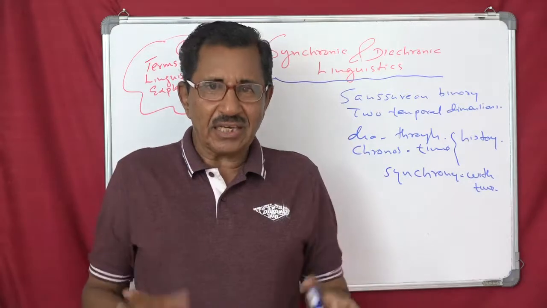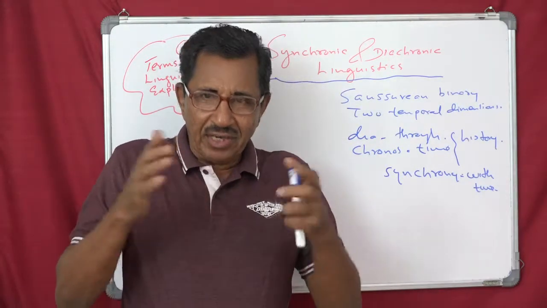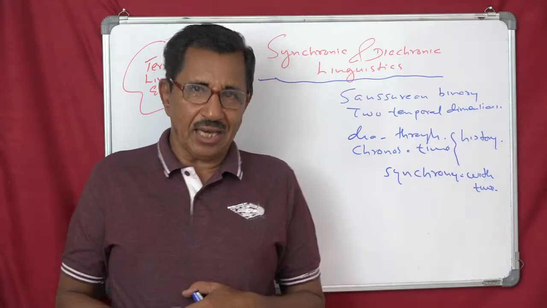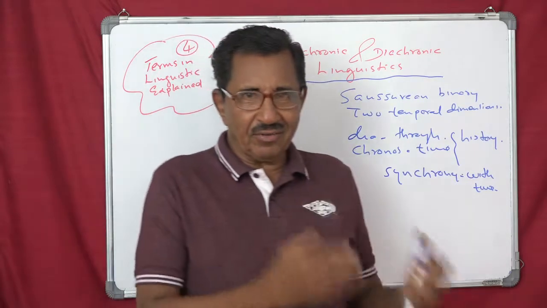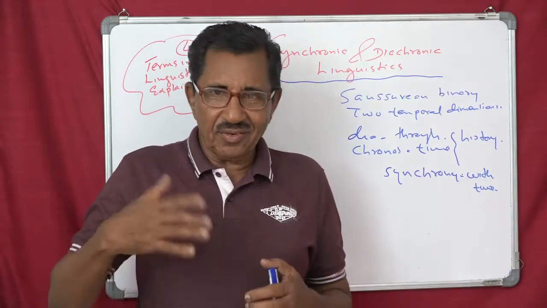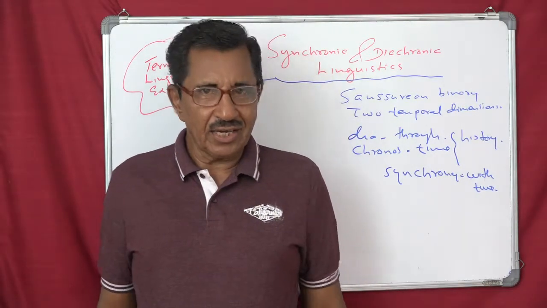If you study these things for 2018-19, that would be the synchronic study of Indian English. On the other hand, if you see right from the very beginning, say from the 16th century up to the present, how it evolved, that will be the diachronic study of Indian English.